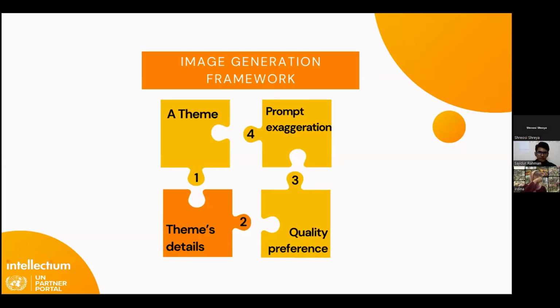And as for the quality preference, this is the part where you write down the qualities you're looking for in your image. Is it the lighting, the filter? Is it a bokeh, a portrait picture, things like that. This piece of the puzzle contains all the information. And as for the prompt exaggeration, this is the part where you exaggerate the prompt.